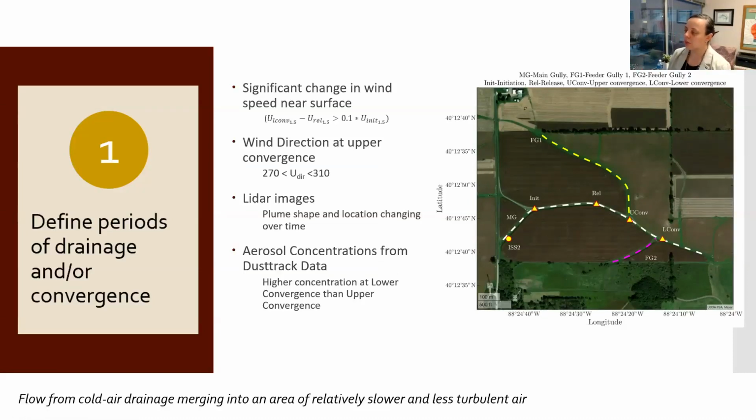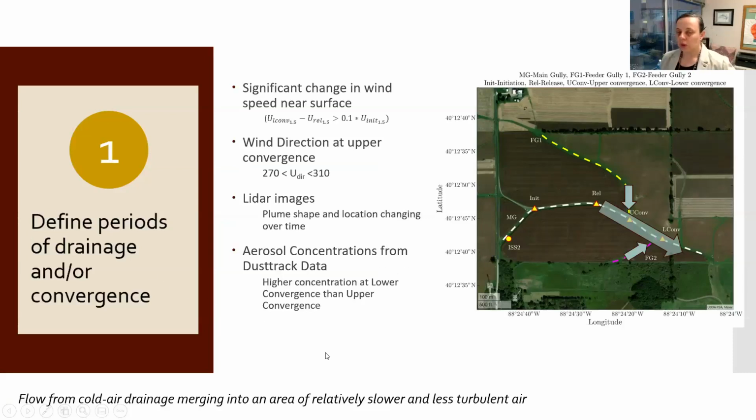Another parameter that we have been considering is the wind direction at the upper convergence tower, looking at wind moving anywhere in a range from 270 degrees, from the west, to 310, right around here. We've also been examining the LiDAR images to see about plume shape and location changing over time.